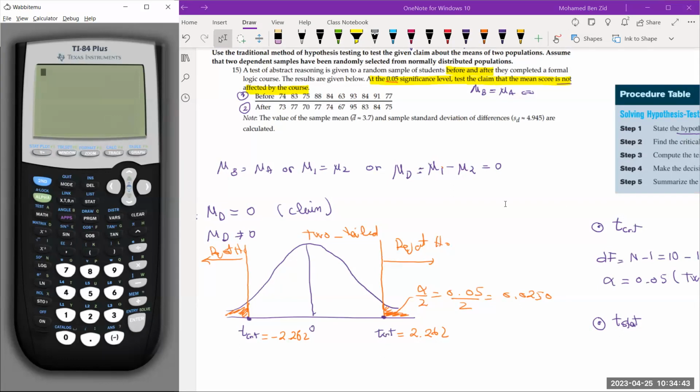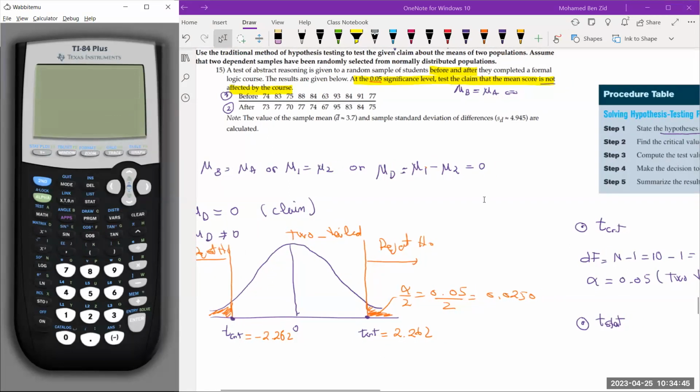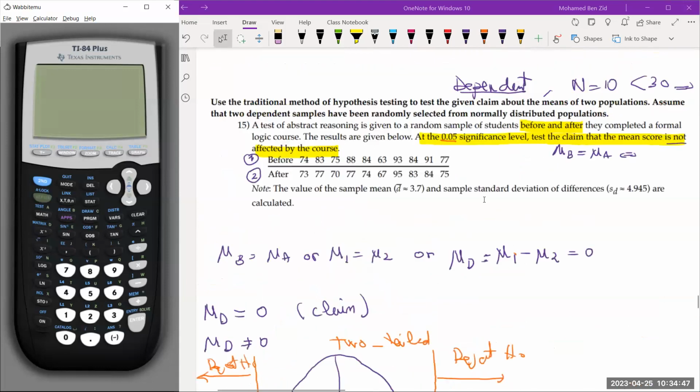All right, so what you're going to do first, you're going to go to stat, then edit. In L1, you're going to put the before values, or the first ones.